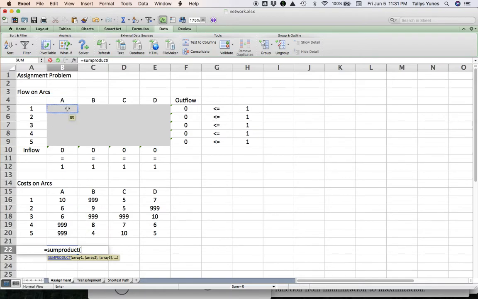Again, like we did in the transportation example, every x variable times its corresponding cost, what's going to happen? I took each of the arrows that isn't supposed to exist and I artificially said to Excel that their cost is humongous when compared to the others.